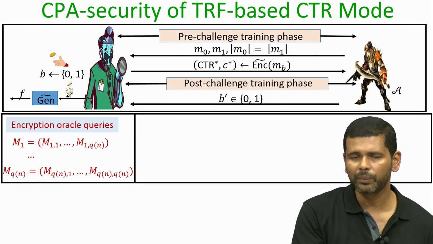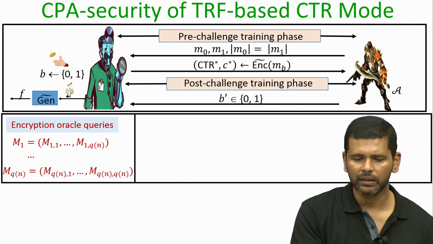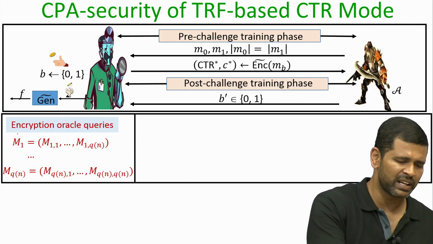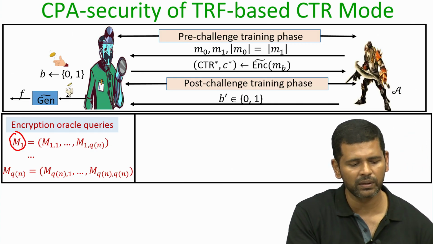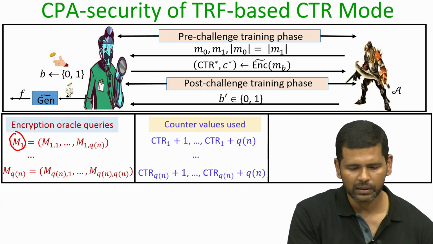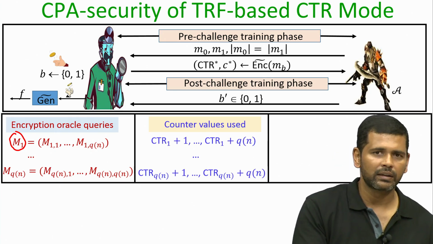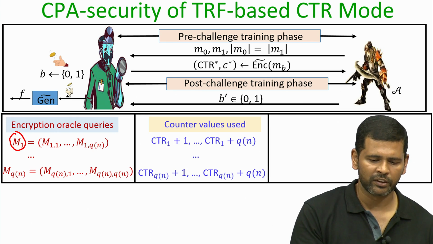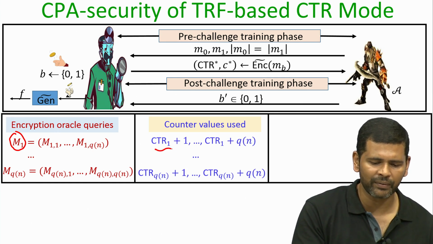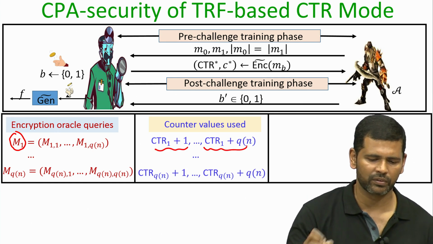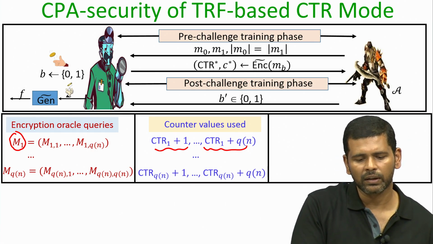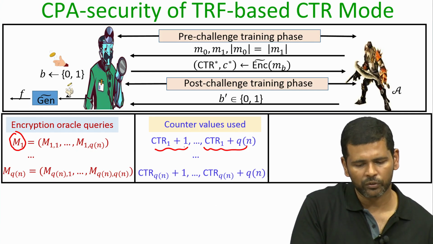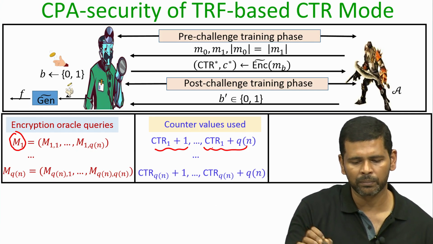Since I am assuming that my adversary is going to make Q(n) queries, I represent those queries as messages M1, M2, up to M_Q(n), and I assume that each of those messages consists of Q(n) blocks. Assume that our challenger in this instance of the experiment uses these counter values for encrypting these message blocks: the first message is encrypted using the counter values counter_1 + 1, counter_1 + 2, up to counter_1 + Q(n), and so on.